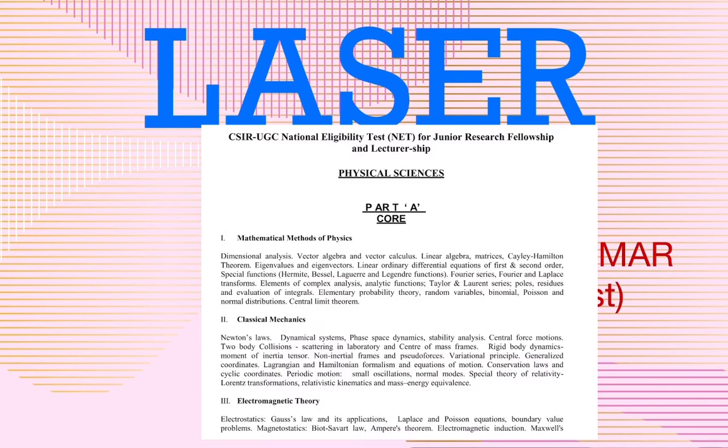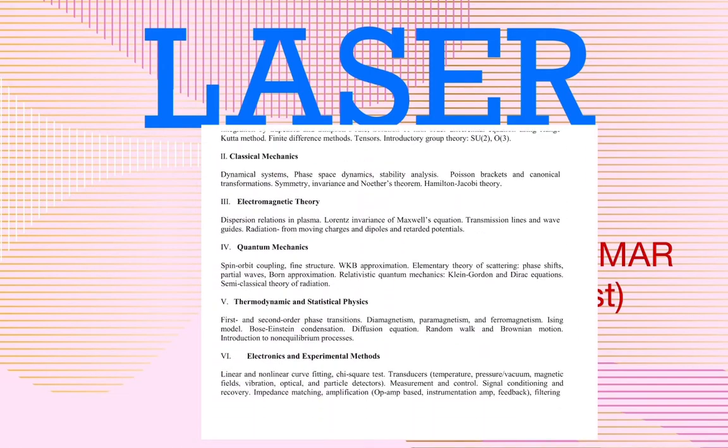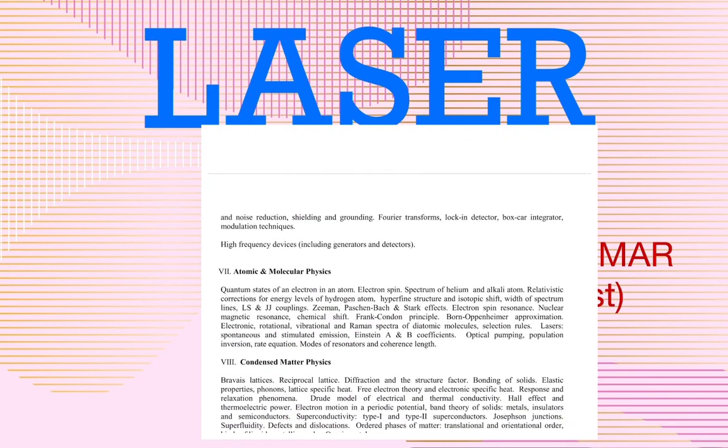Friends, you can see here that under the CSIR UGC NET for JRF and lectureship, in Part B, Section 7, in atomic and molecular physics, it is asked about lasers, spontaneous and stimulated emission, Einstein A and B coefficients, optical pumping, population inversion, rate equation, modes of resonators, and coherence length. So, in this video lecture, I will cover this topic on lasers.